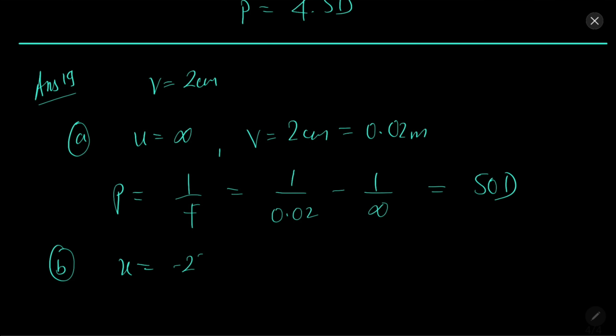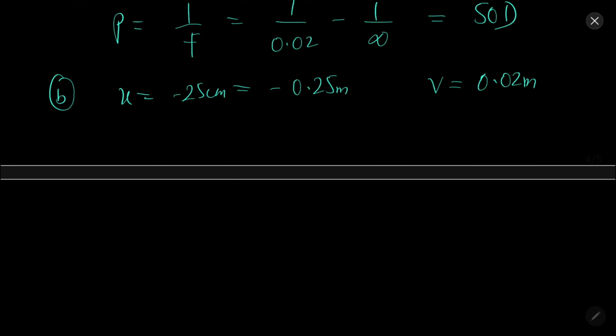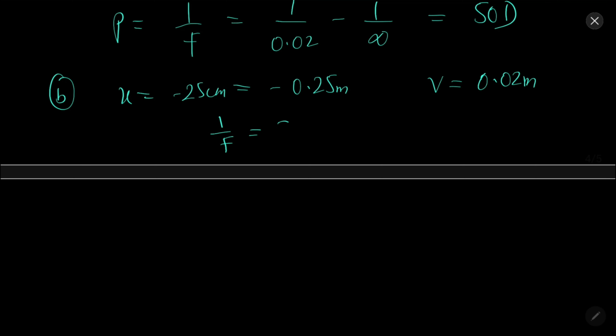Then U equal to minus 25 centimeter, minus 0.25 meter, V equal to 0.02 meters. So 1 by f equal to 54 diopters. This will be the power.